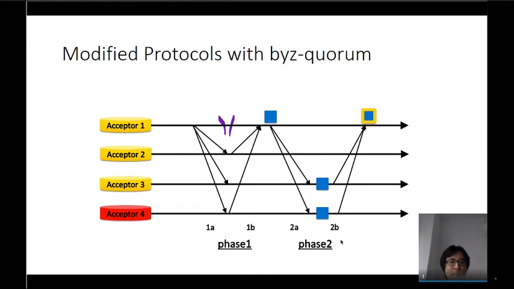So in both phases you have a quorum of 3 satisfied. Right. So this is the setup, and the lie has not come out yet.